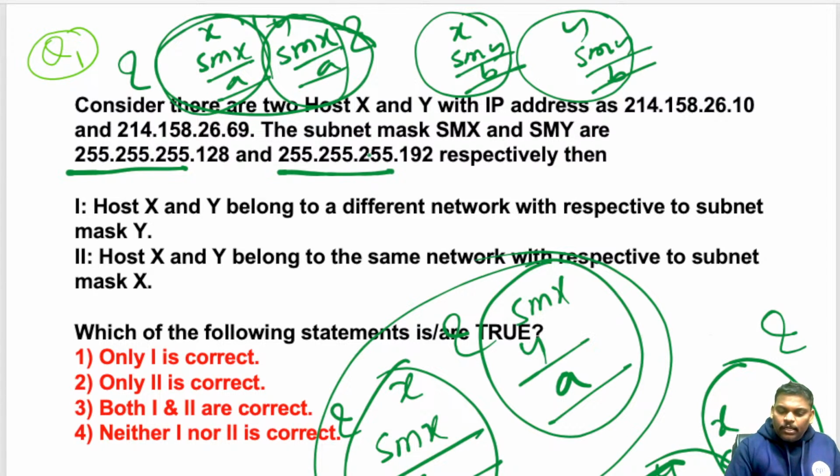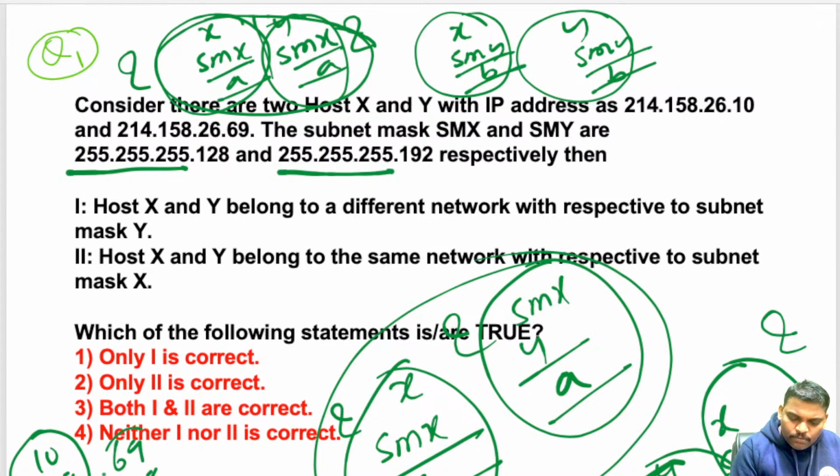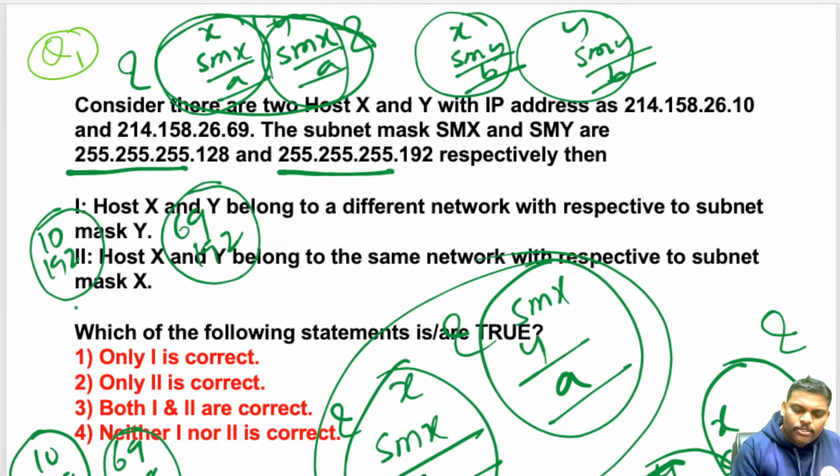The last octet, if you see, is 128. With 128, what is the first IP? 10. What is the second IP? 69, 128. In a similar way, 10 with 192, 69 with 192. Just do the AND operation.